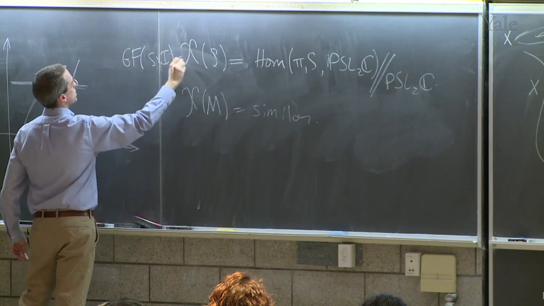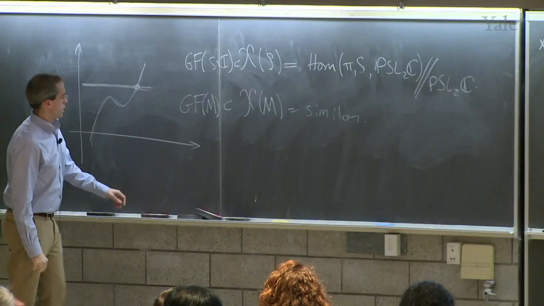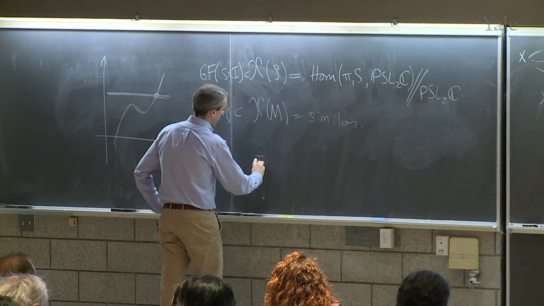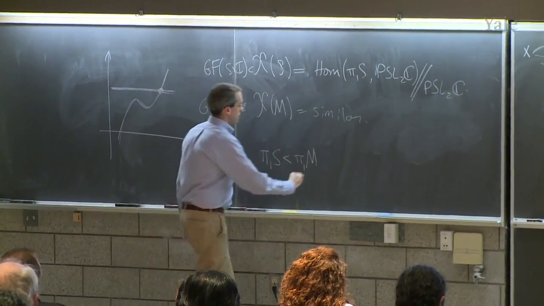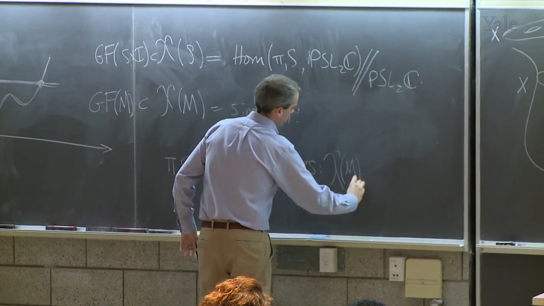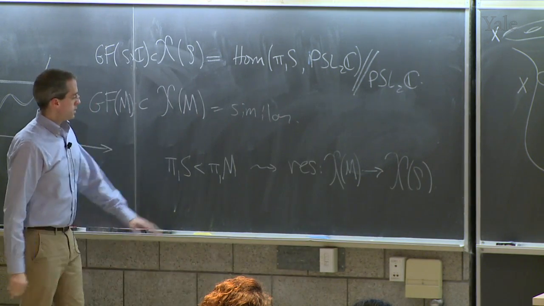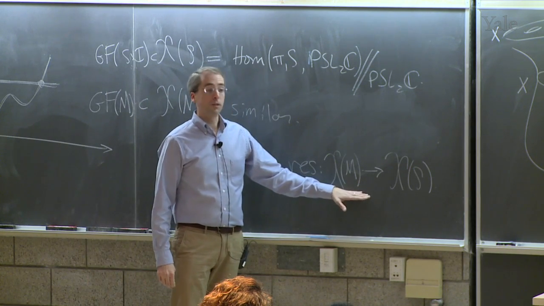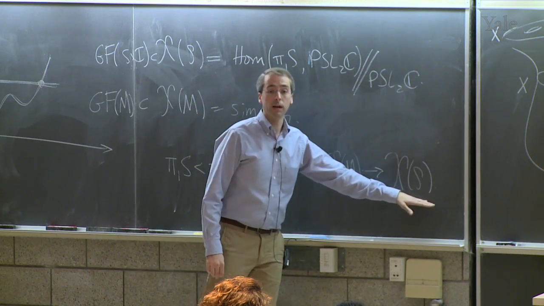So quasi-Fuchsian space lives inside the character variety of S, and the space of hyperbolic structures on M lives inside the character variety of M. And I'll point out that the fact that the fundamental group of S injects into that of M, or really just maps into, induces a restriction map on character varieties, a map from the character variety of M into the character variety of S. So it's called restriction because this is just the statement that when you have a map from the fundamental group of M into PSL2C, you can restrict it to a subgroup of the fundamental group of M, like pi1 of S.